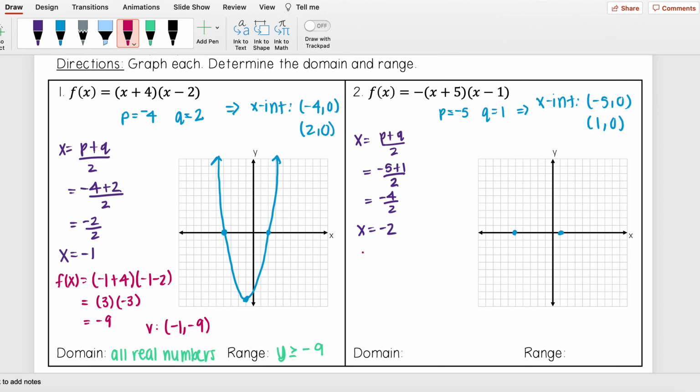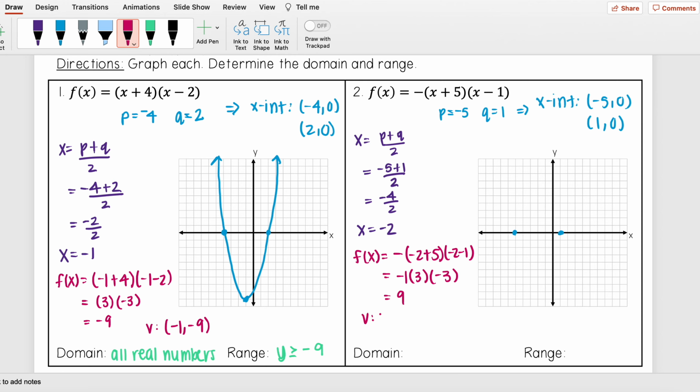And now to find my y, I need to plug that in so I can finish my vertex. So I have negative 2 plus 5, negative 2 minus 1. Negative 2 plus 5, I get 3. Negative 2 minus 1, I get negative 3. And so this negative out here is really negative 1. So negative 1 times 3, I get negative 3. Negative 3 times negative 3, I get positive 9.